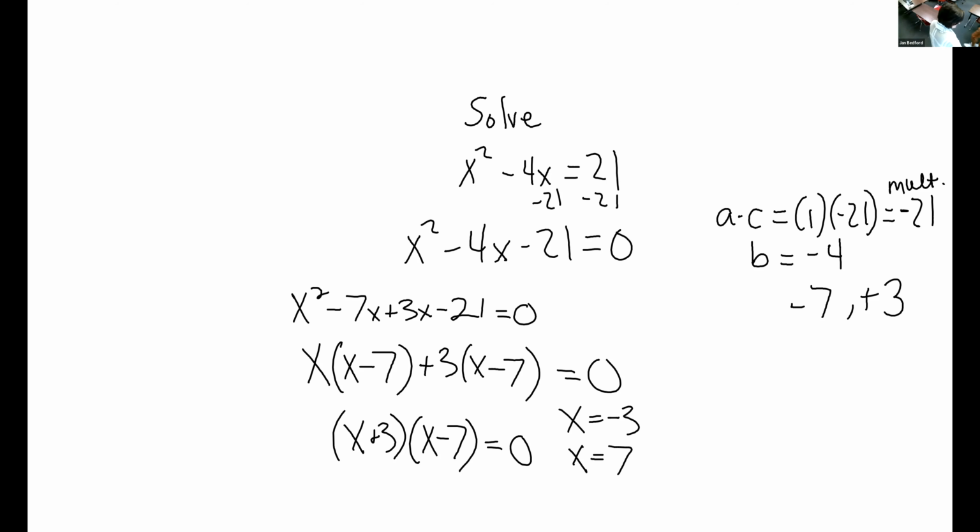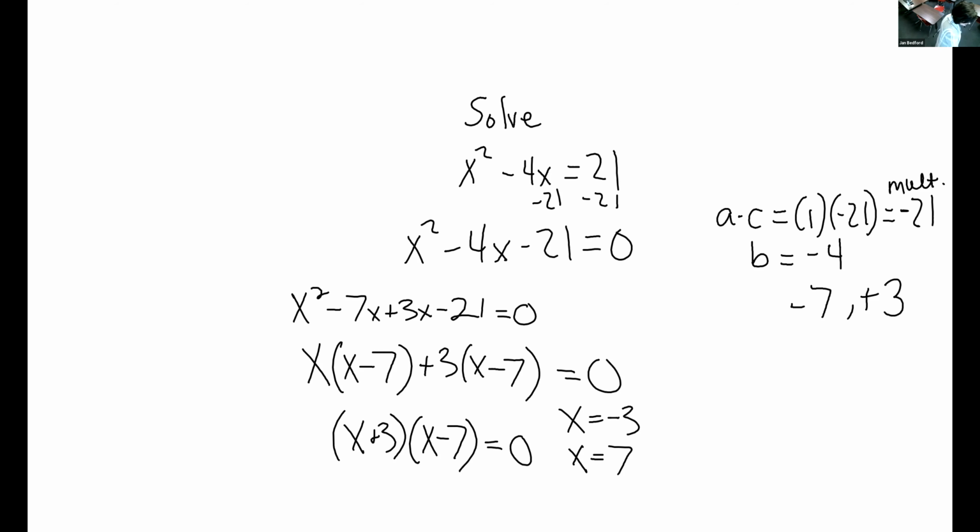So can somebody tell me where his x equals -3 came from? Let's make sure this part makes sense. When he got this factored, he said this parentheses times this parentheses equals 0. The only way you multiply 2 things together and get 0 is if one of the numbers is 0, right?